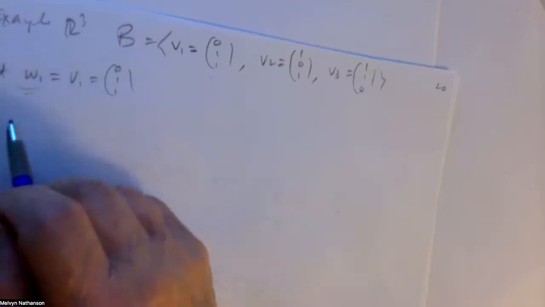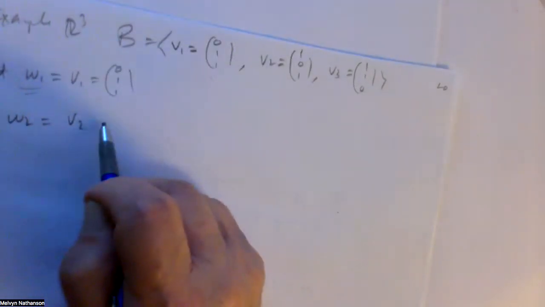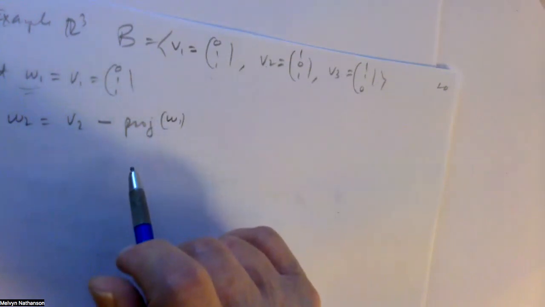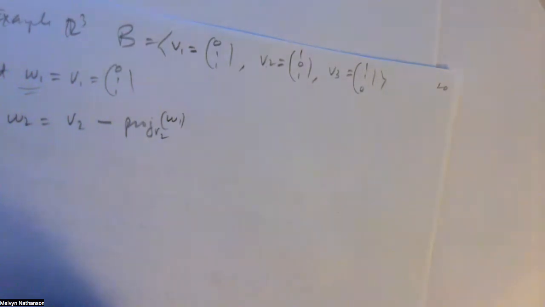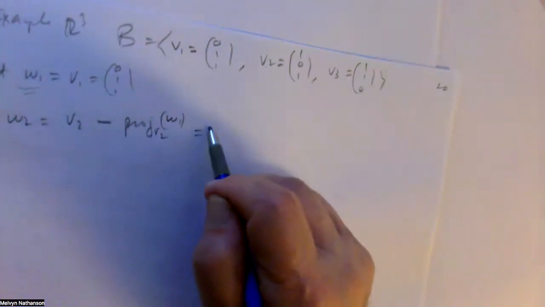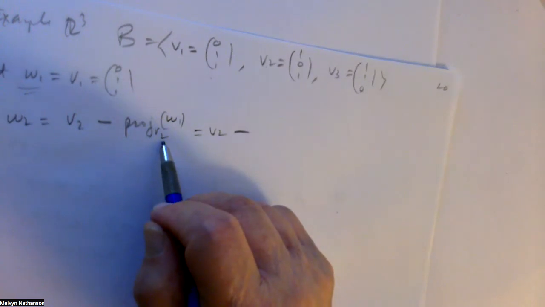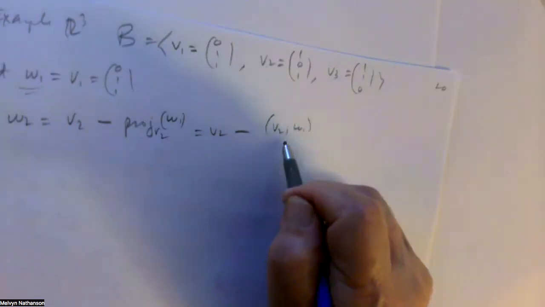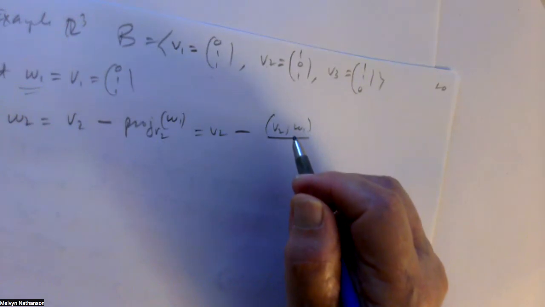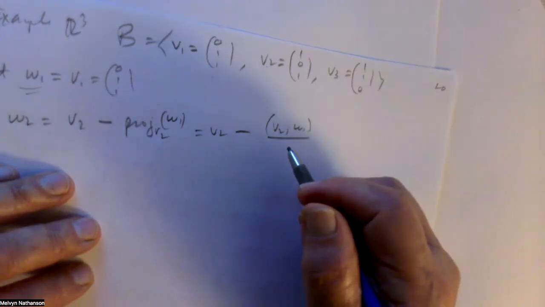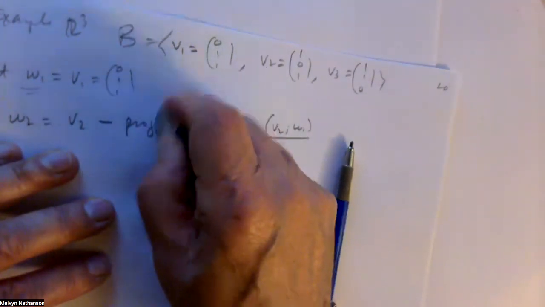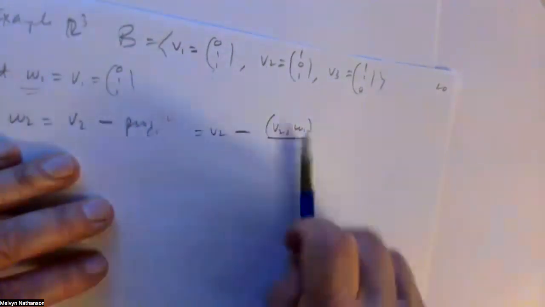What is the next step? W2 is V2 minus the projection of V2 in the direction of W1.